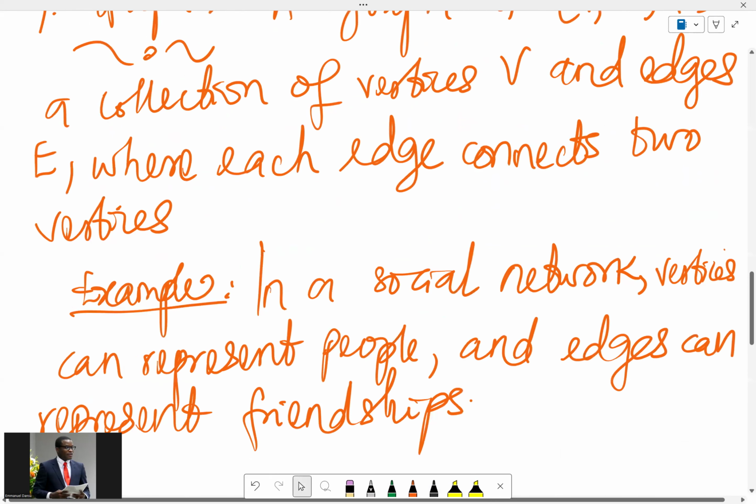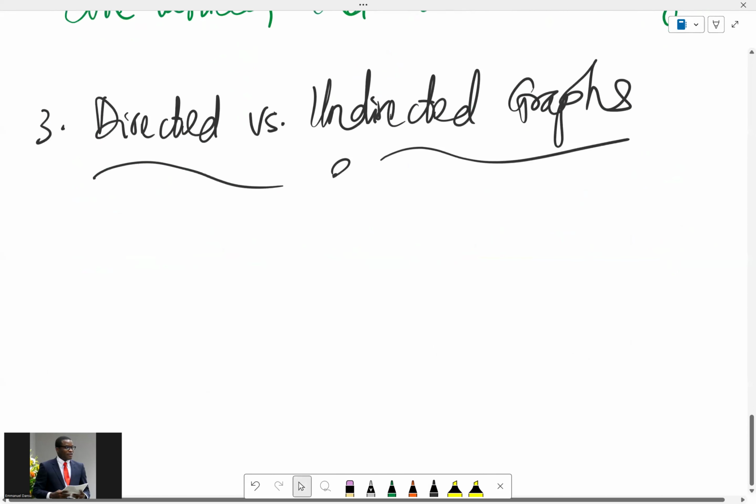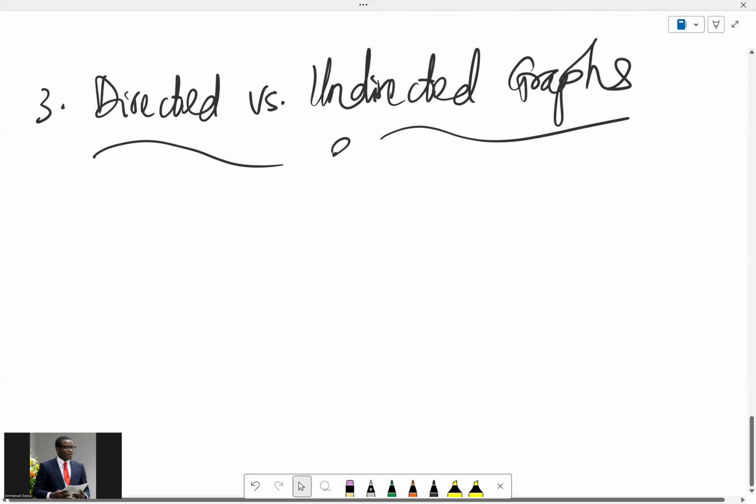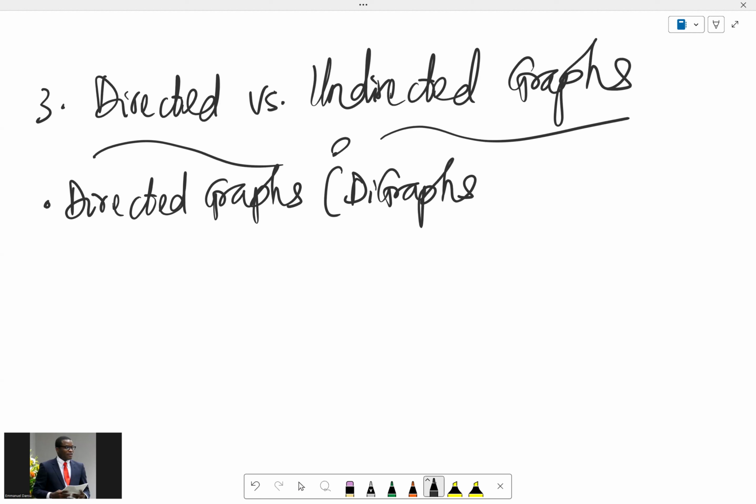I think this should be intuitive, but let's look at it. Directed graphs are also known as digraphs. In this case, the edges have a direction.